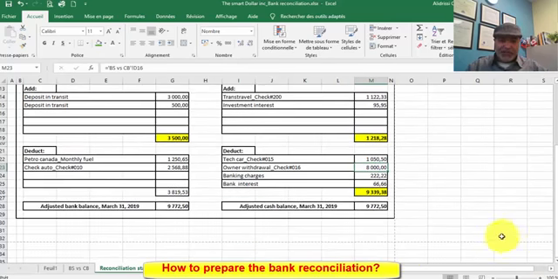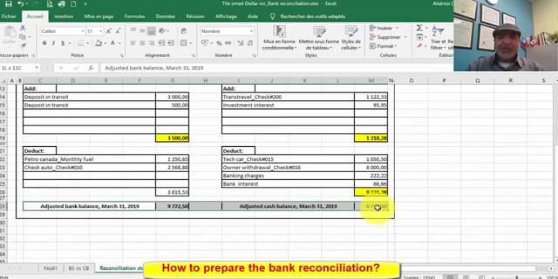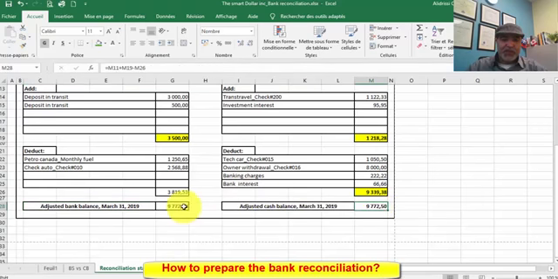And finally, as you look here, both balances, the bank closing balance and the company cash book closing balance, are equal now, similar. Okay, this is what we are looking for.